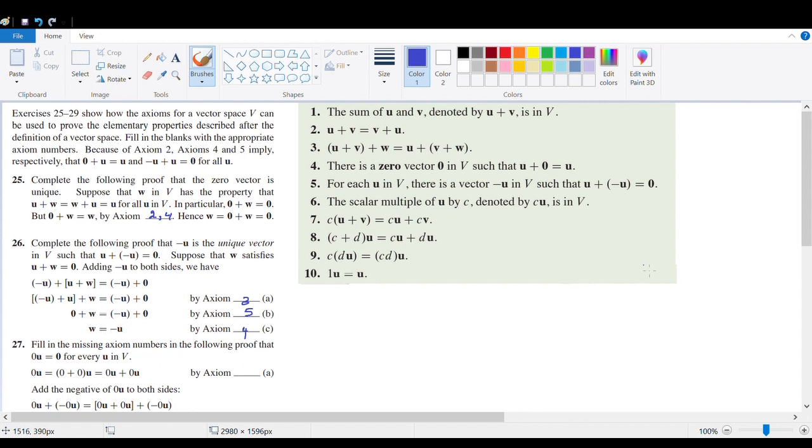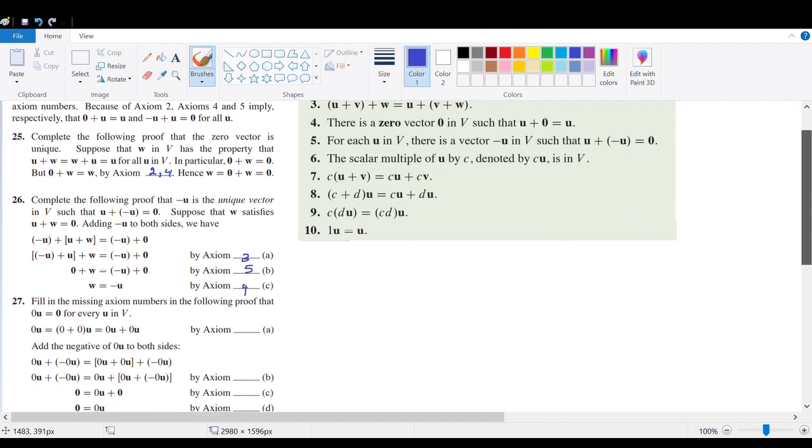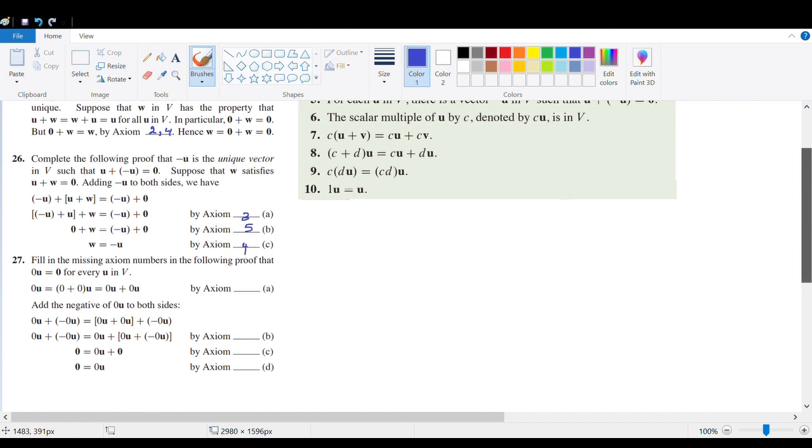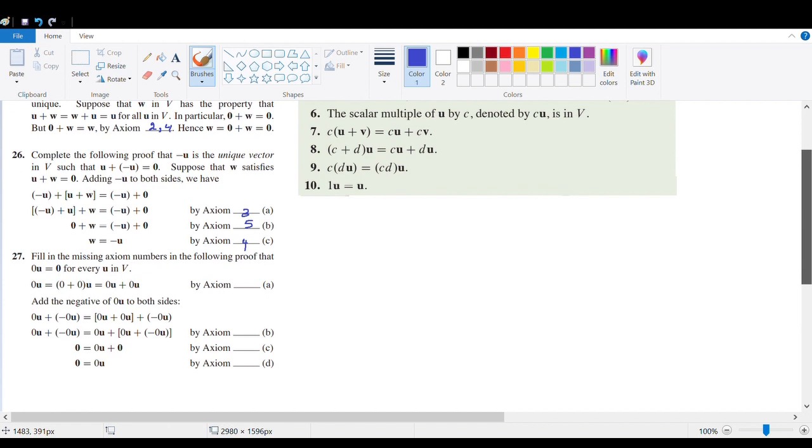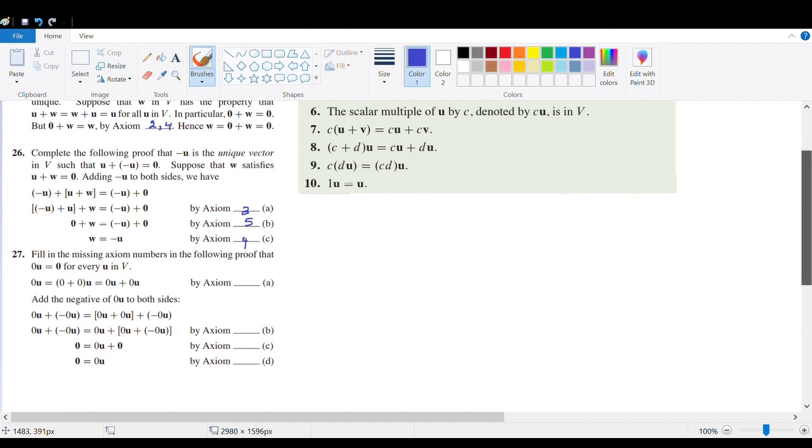So then for 27, fill in the missing axiom numbers in the following proof that 0 multiplied by U is equal to 0 for every U in V. So 0 multiplied by U is equal to 0 plus 0 all multiplied by U, which is equal to 0 multiplied by U plus 0 multiplied by this U. So this is just the axiom number 8.